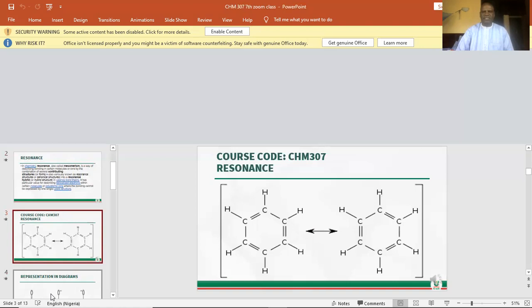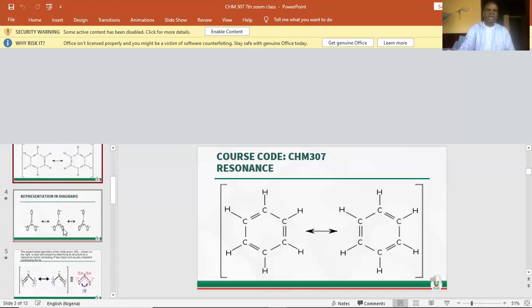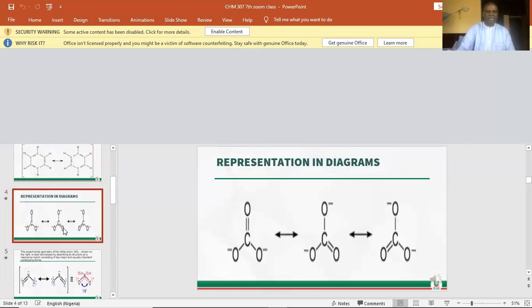You see the arrangement of the double bonds. One is like a carbon copy of the other, or like viewing yourself in a mirror. So A is a resonance form of B. If you look at the two of them, the position of the double bonds alters.